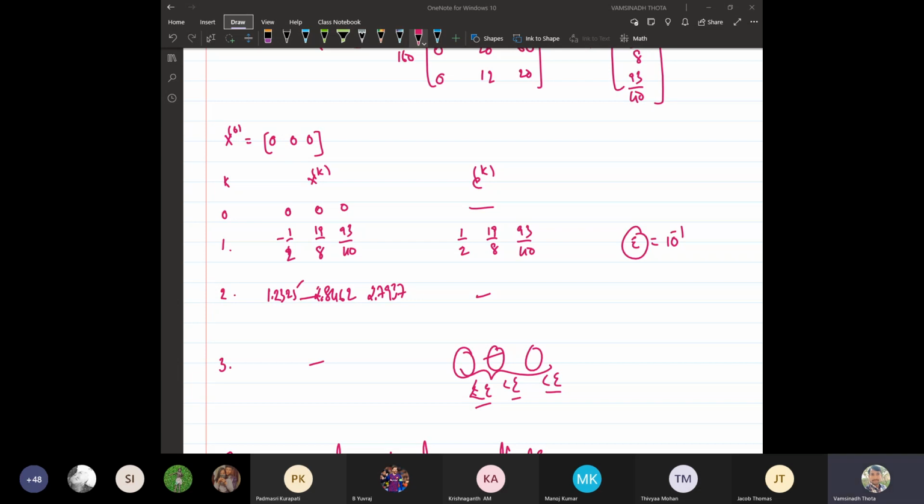Yes, Amit Vikram, what is your doubt? Sir, is the rate of convergence the same for both methods, or is it higher for the Gauss-Seidel method?